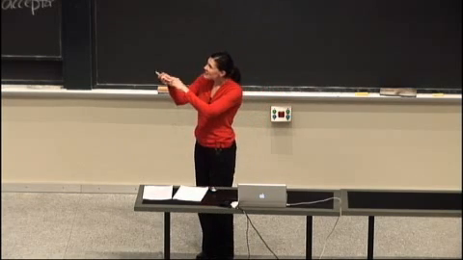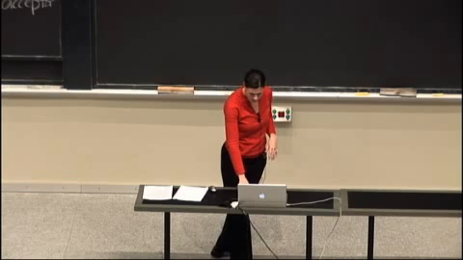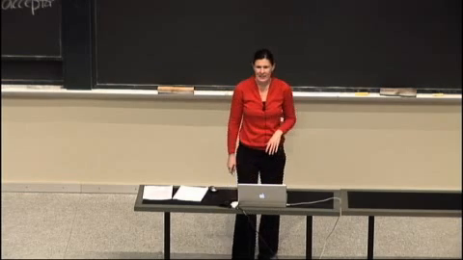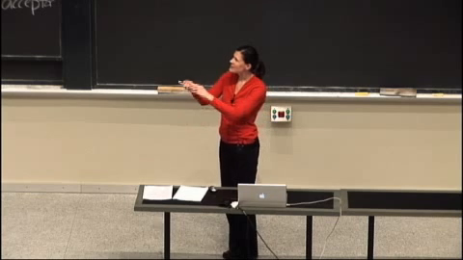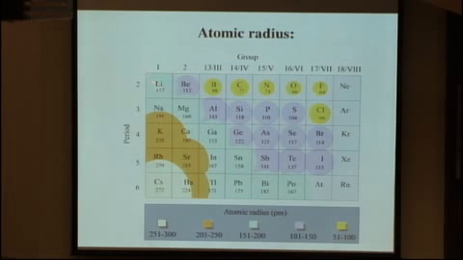This is in contrast to what's happening as we go down the periodic table. As we go down, we're adding electrons to further and further away shells, so the atomic radius is going to increase as we go down the periodic table. We can look at an example here. If we start in the upper left-hand corner of the periodic table with lithium, as we go down the table, the atomic radius is increasing, as we would expect.